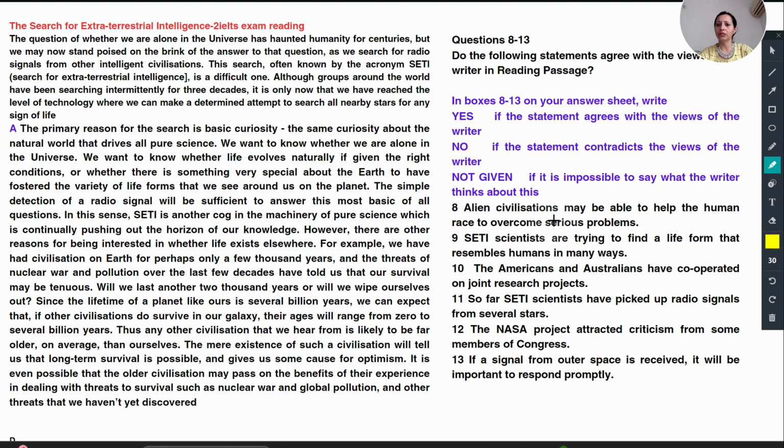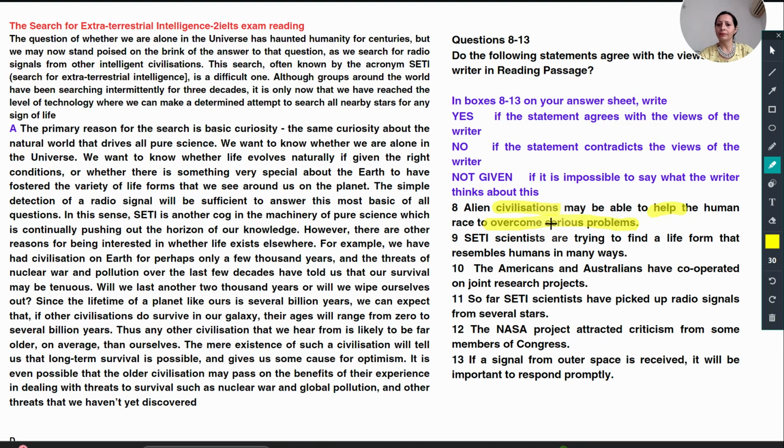Alien civilizations may be able to help the human race to overcome serious problems. I am highlighting the words. These are keywords: may be able to help the human race to overcome serious problems. First, alien civilization is the keyword that will take us to the location, as well as help.